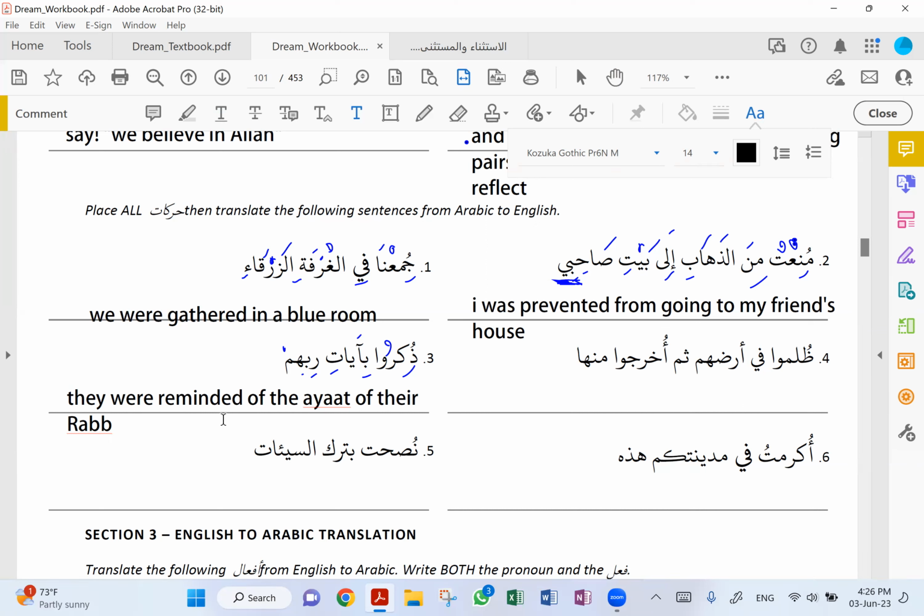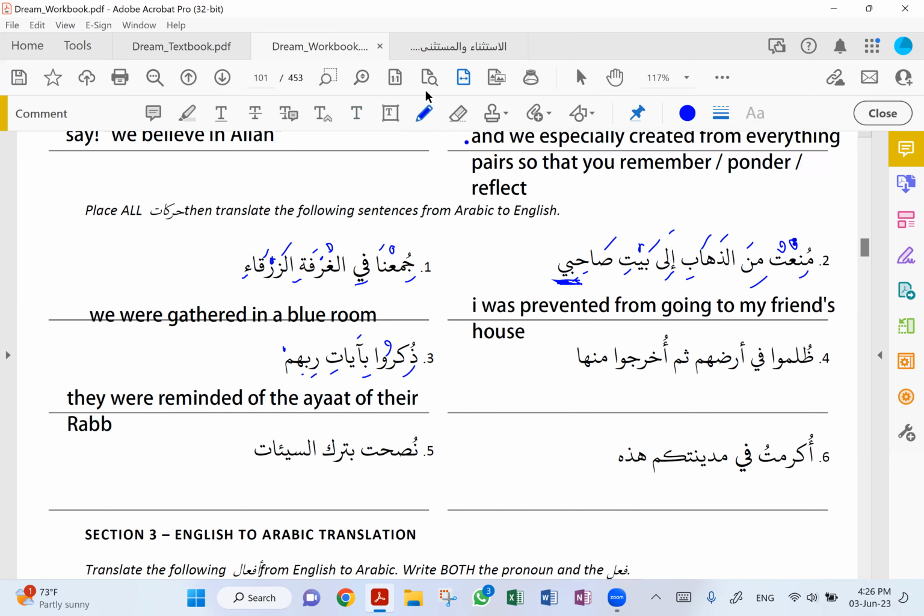It would actually, it would mean reminded, because we were trying to say they were remembered and it wasn't making sense. So if you put a shadda here, dukkiru, then they were reminded. Then the translation actually makes sense. If you just say dukiru, they were remembered. But dukkiru, they were reminded. Makes sense.